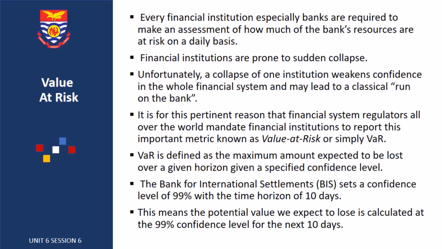The Bank for International Settlements sets a confidence level of 99% with a time horizon of 10 days. This means that the potential value we expect to lose is calculated at a 99% confidence level for the next 10 days, given that we are only likely to make an error of just 1%.